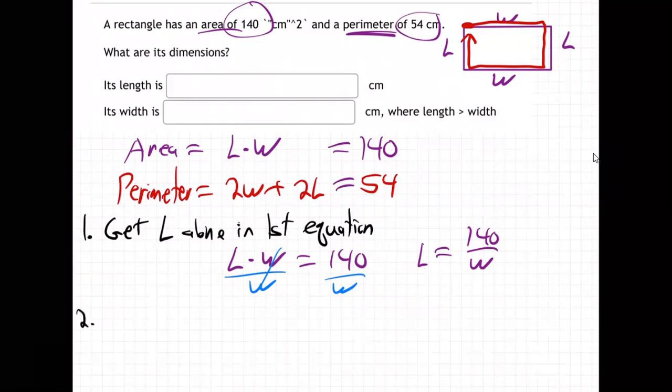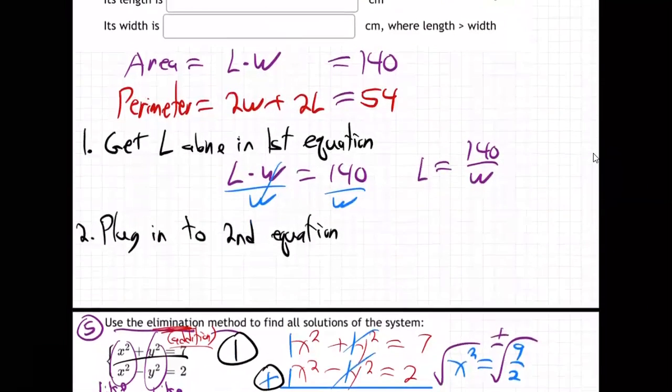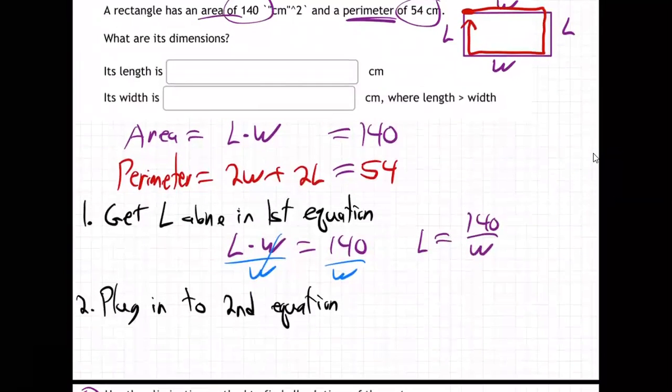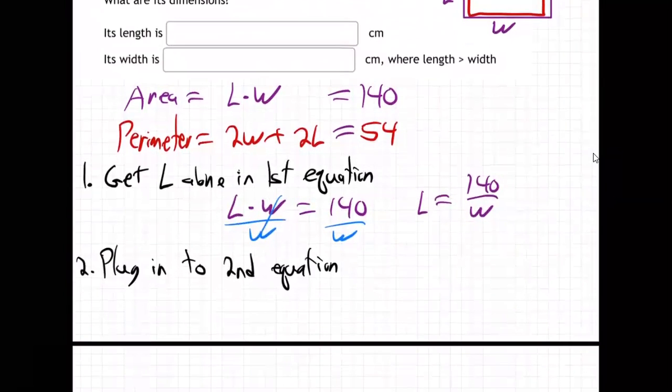And then step 2, plug into the second equation. All right, so I'll take that second equation right here, which is 2 widths plus 2L equals 54.